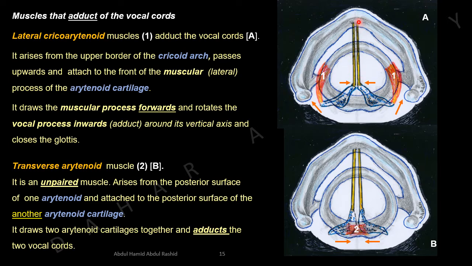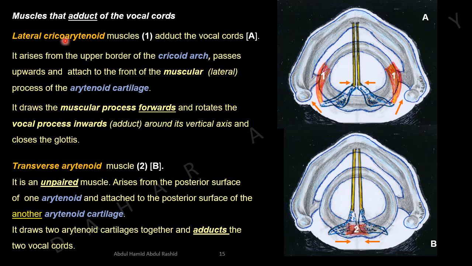The vocal cords are attached from here to here, that is the angle of the thyroid. Same thing if you see here, these are arytenoid cartilages sitting on the upper border of the lamina of the cricoid cartilage. Now you look here very carefully.